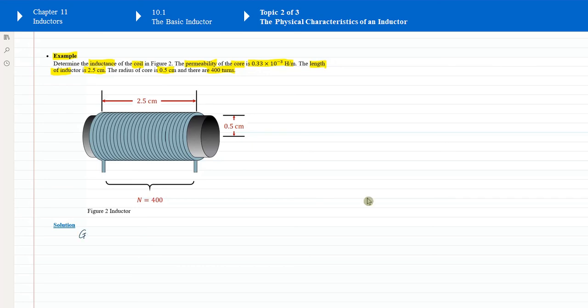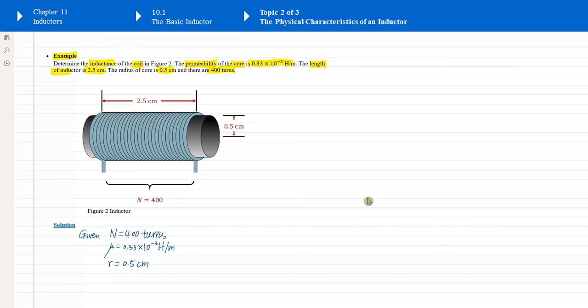Given N, the number of turns, equals 400 turns. The permeability equals 0.33 times 10 to the power negative 3 Henry per meter. The radius of that cross-sectional area, that circle, equals 0.5 centimeter.